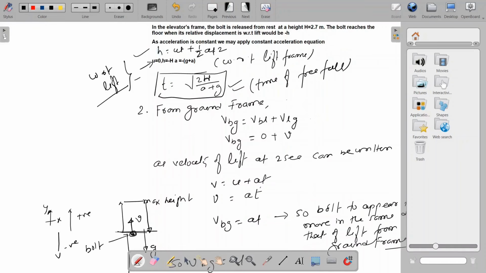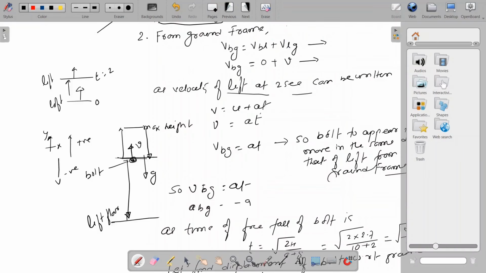At the instant the bolt is released, it has the same velocity as the elevator. Why? Because just before release, the bolt is moving along with the elevator. So, from the ground frame, the bolt is initially moving upward. It continues to move upward, then reaches a maximum height, and finally comes back down to the floor of the elevator.